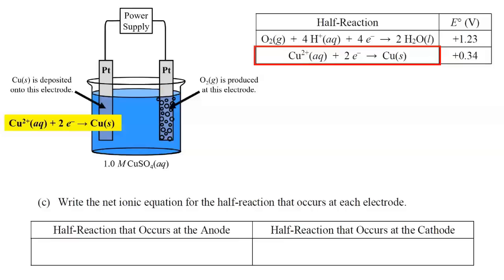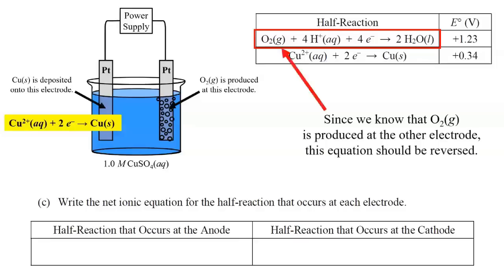Now, for the other half reaction, it does involve oxygen gas, but you'll notice that it says that oxygen gas is being produced at the electrode on the right in the diagram. And in the table, it shows that oxygen gas is featured as a reactant and not a product. So that gives us a clue that that half reaction must be reversed.